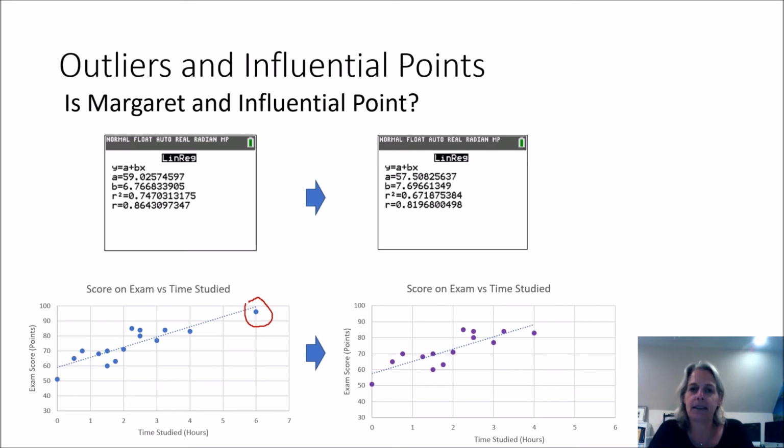Well, what would happen if we took her out of the mix? So let's take her out of the mix, and so that's what we're doing here. So we're taking Margaret out. Notice that the pattern, as you're just looking at the data itself, appears to be a little bit more spread out, like the points aren't as clustered around that line, and it's not looking quite as linear.